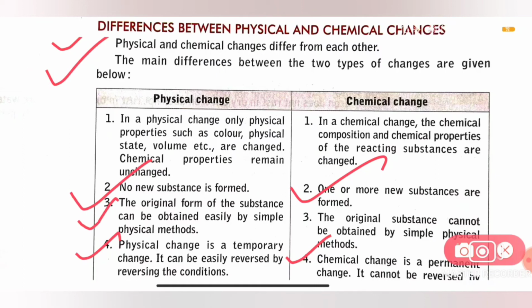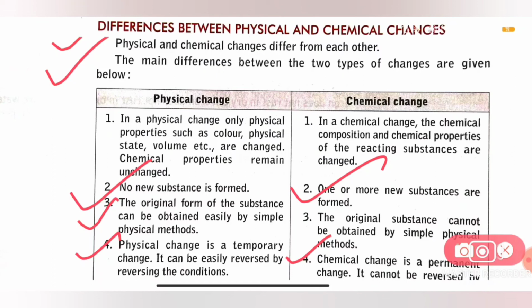Original substance and newly made substance are quite similar to each other in physical change, but for chemical change, the original substance is completely different from the new substance, and also the original substance cannot be obtained by a simple physical method, whereas it is possible in physical change.